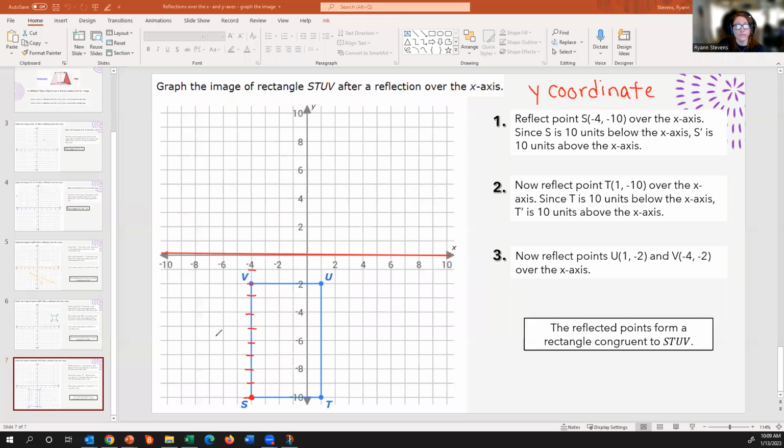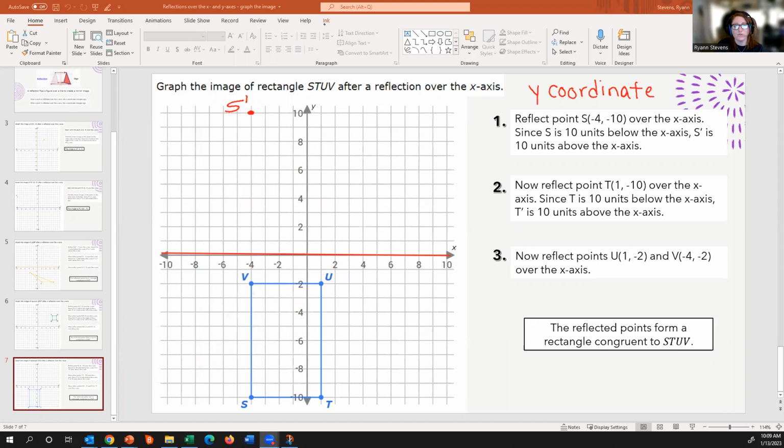So I'm going to put a -10, which means to reflect this across this x-axis, I'm going to go 10 places in the positive direction. 3, 4, 5, 6, 7, 8, 9, and 10. This would be my S. And I'll erase this so we can keep plotting those points, reflecting them.